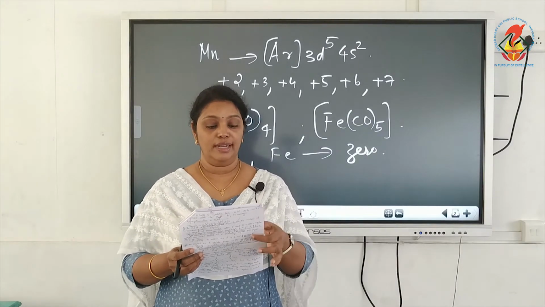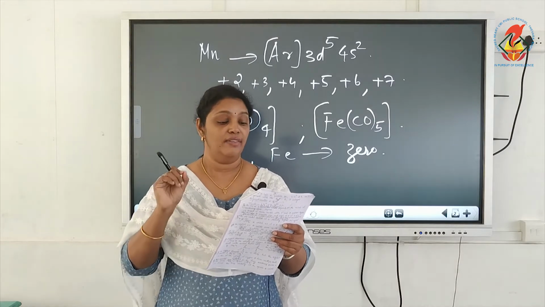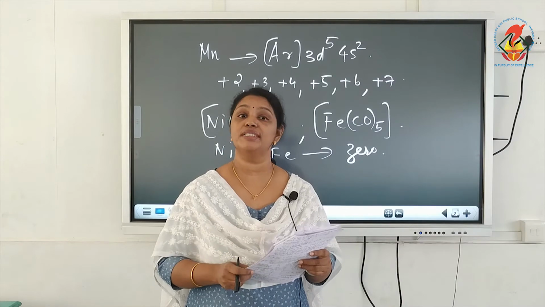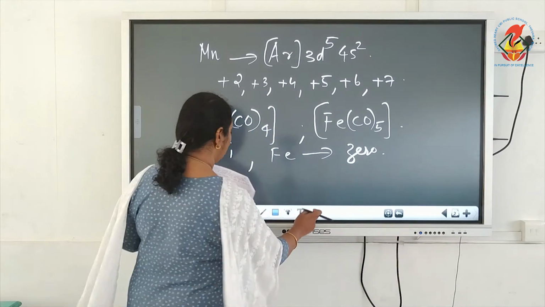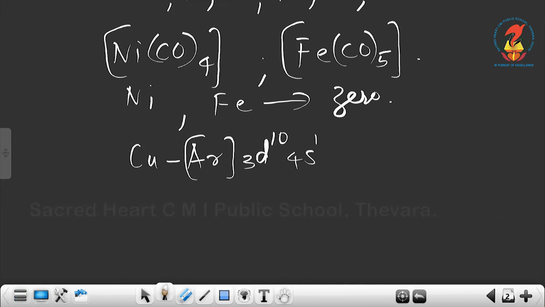Now next, there is an element in the first transition series which exhibits +1 oxidation state. So name the element of the first transition series which can exhibit +1 oxidation state. That element is copper. We know the electronic configuration is argon 3d10 4s1.